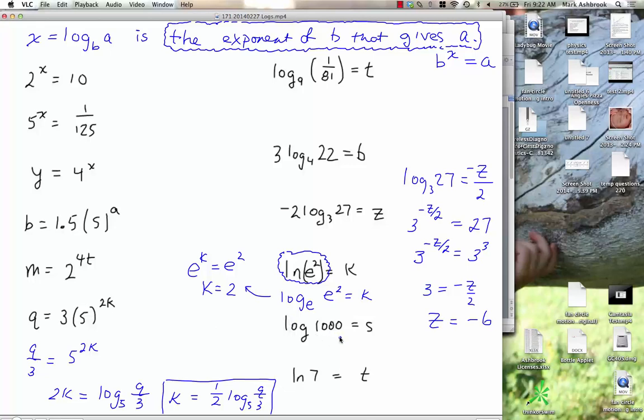It looks like it might be an 8, but it's supposed to be a 0. So this is the exponent of 10 that gives 1,000. What is it? 3.